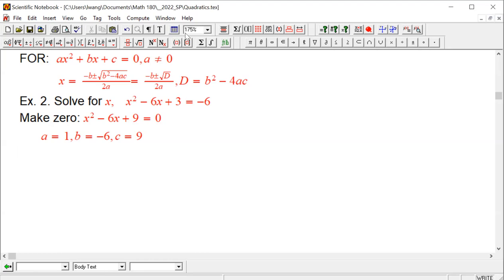And I'm going to find the discriminant, right? You know my little favorite way of doing this, to keep it nice and clean. So that's B squared, -6 squared, minus 4AC, 4 times 1 times 9.